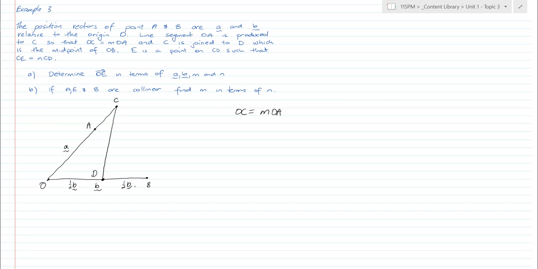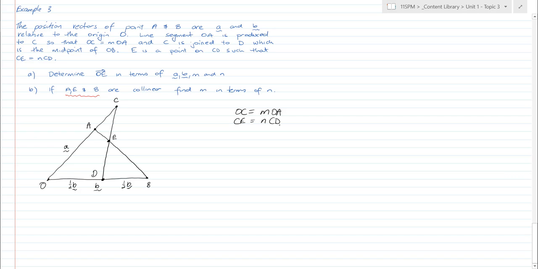E is a point on CD such that CE equals N CD. Now we're also told in part B, so I'm reading ahead here, that A, E and B are collinear. So I'm actually going to draw this line from A through to B, and I'm going to call this point E. And that produces that collinearity, and it also gives me that CE equals N CD.